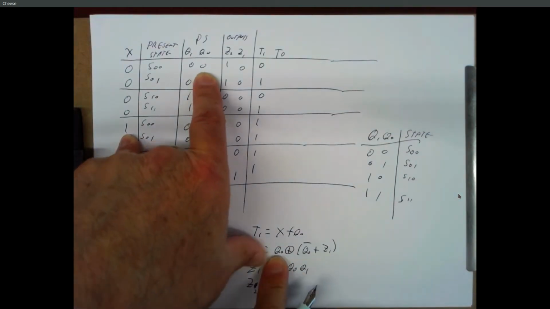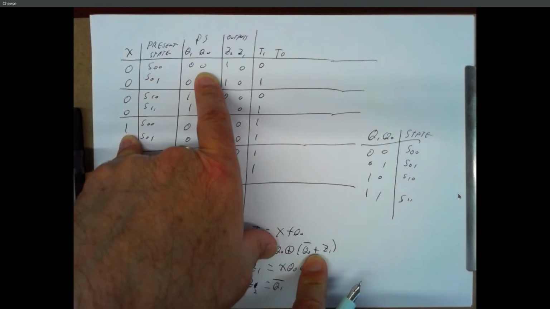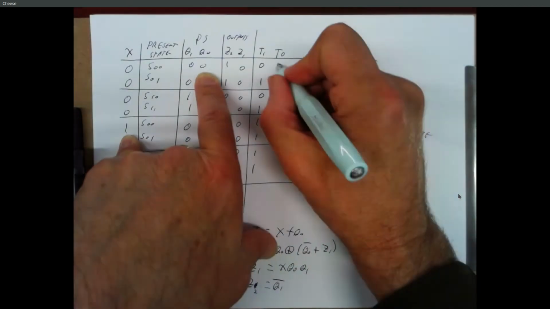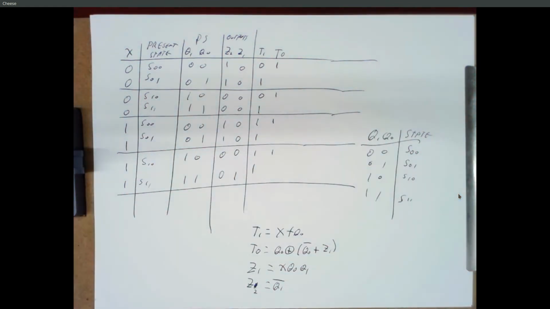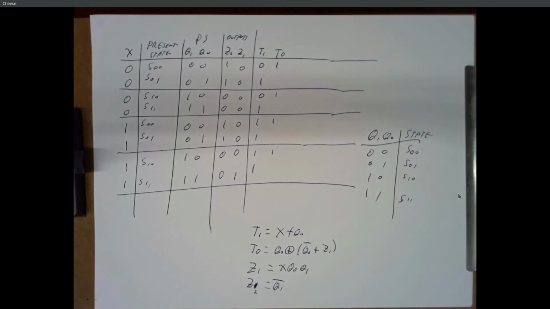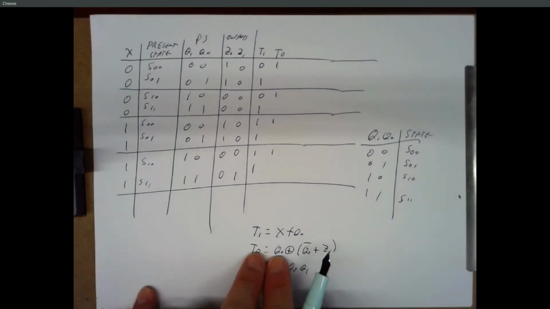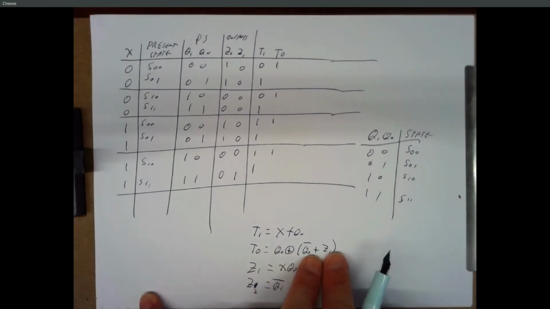So if Q0 is a 0, this is going to be X XORed with 1, which is going to be a 1. So I know this is a 1 everywhere that Q0 is a 0. On the other hand, if Q0 is a 1, this is 1 XORed with something. For that XOR to be true, this something has to be false. We need 1 XORed with 0. Well, if Q0 is 1, Q0 bar is 0, so that's 0 ORed with something. So this thing in parentheses is just Z1.